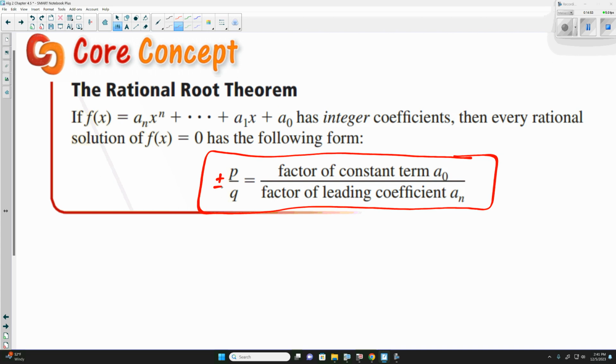And what this gives us is all the possible rational solutions of any polynomial function. So if we find these, we find all the possible rational zeros for any polynomial function. So I would just write what's inside the box.